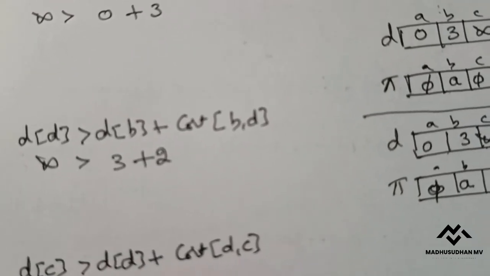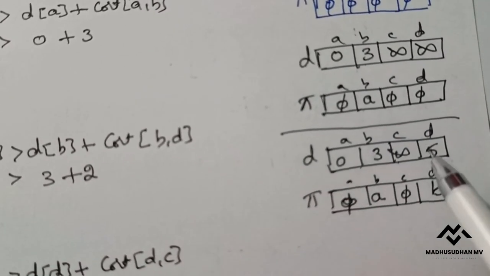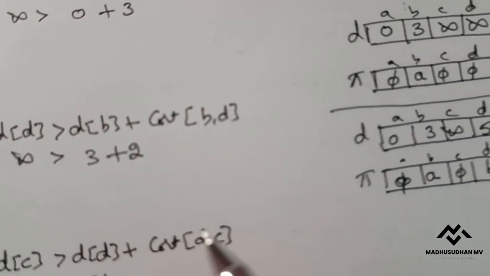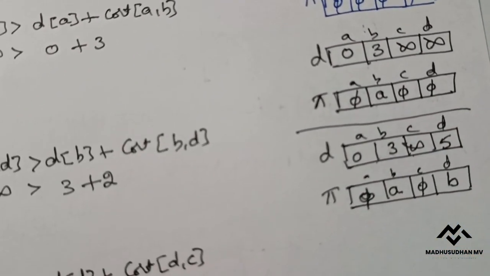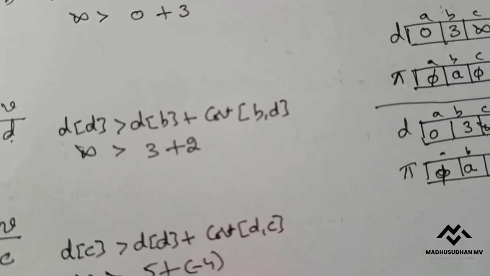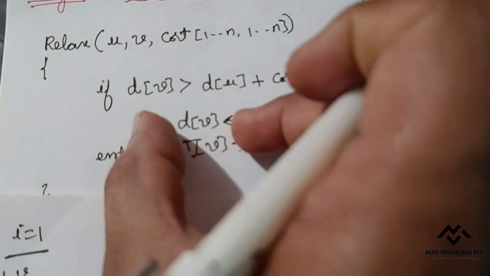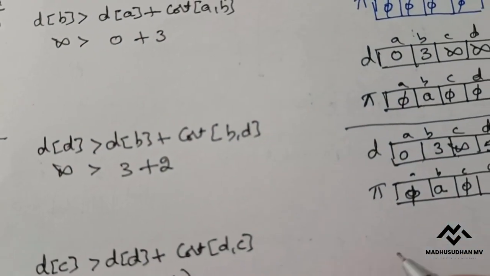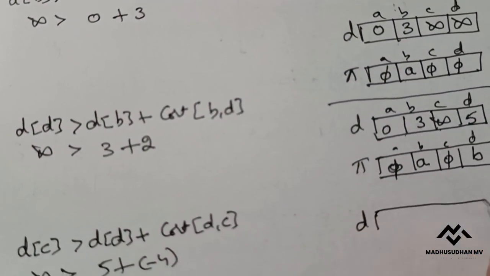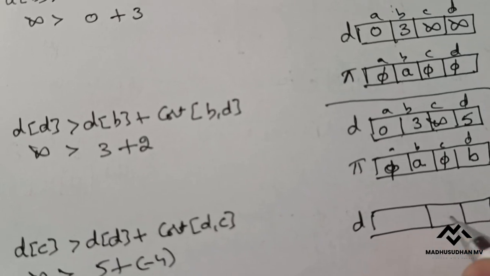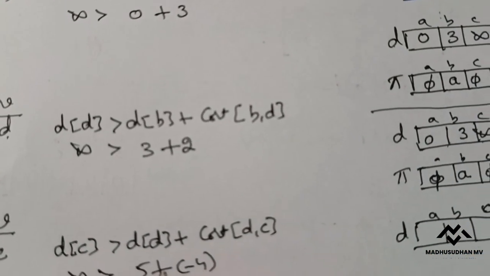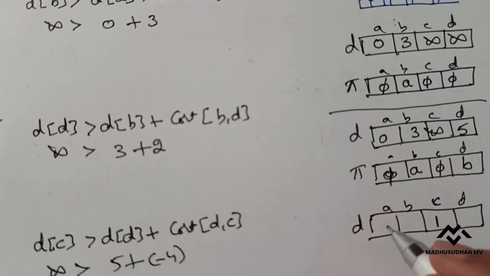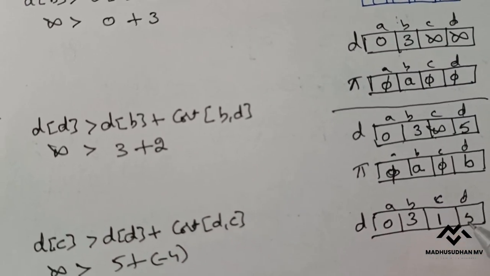Infinity greater than distance of D, which is 5, plus cost of D to C, which is minus 4. 5 plus minus 4 is 1. Infinity greater than 1, true. We come inside, and the same distance is assigned to distance of V, that is distance of C. So I am updating distance of C to 1, and the remaining I write as it is.